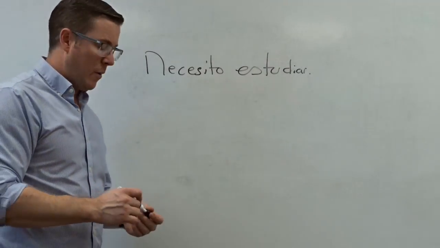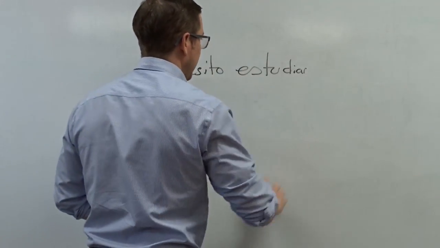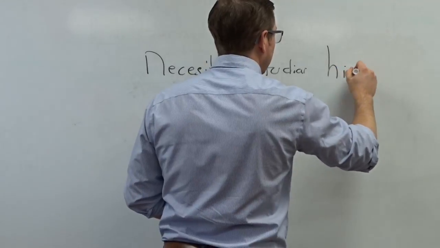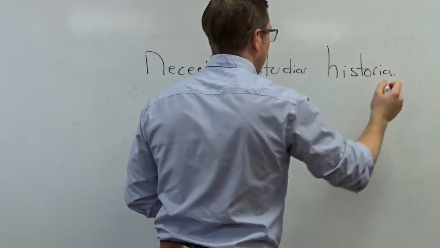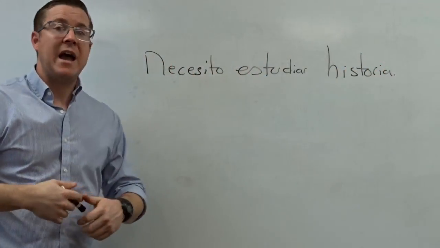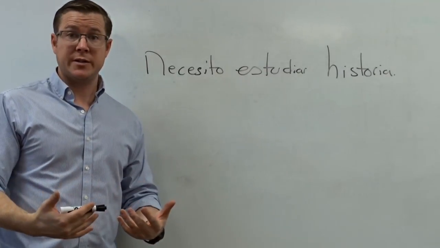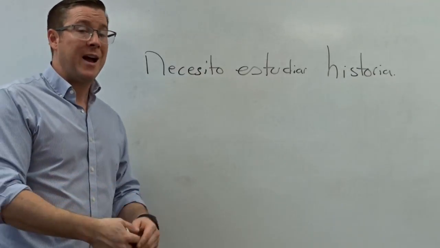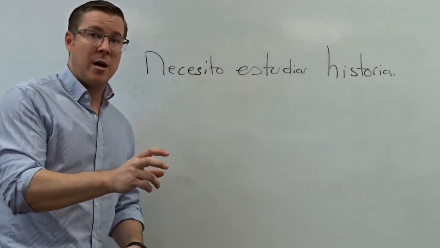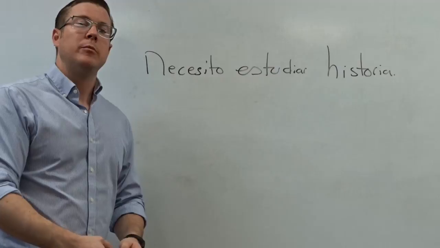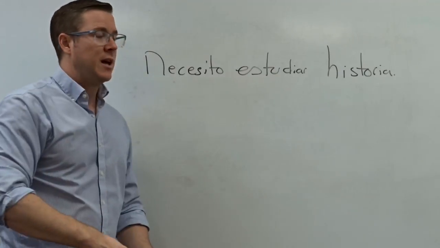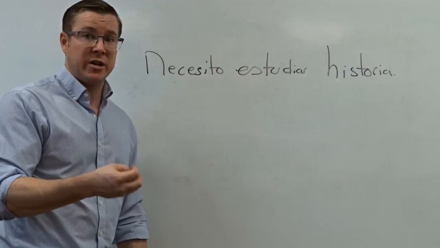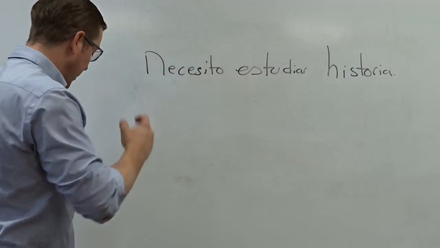Now, if I want to add something onto this sentence, such as necesito estudiar historia, I've added a direct object. What do I need to study? History. So, just like before, I can replace that object with a pronoun. But because I've got a compound verb phrase, I now have another option of where I can put that object pronoun. Let me show you what I mean.